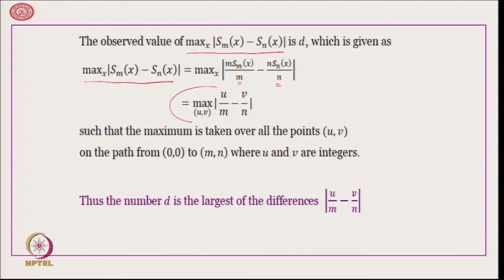Therefore, it can be written as the maximum over u v of the absolute difference between u by m and v by n. So, this maximum has to be taken for all the points u v on the path from 0 0 to m n. Thus, the number d is the largest of the difference u by m minus v by n.